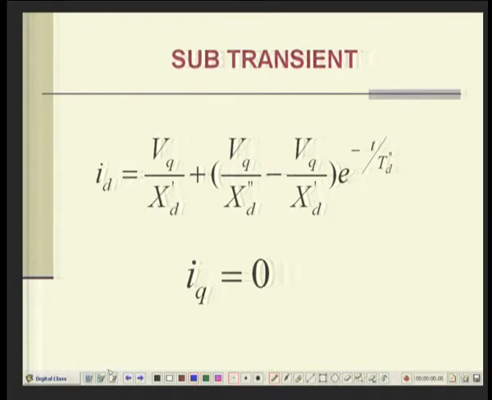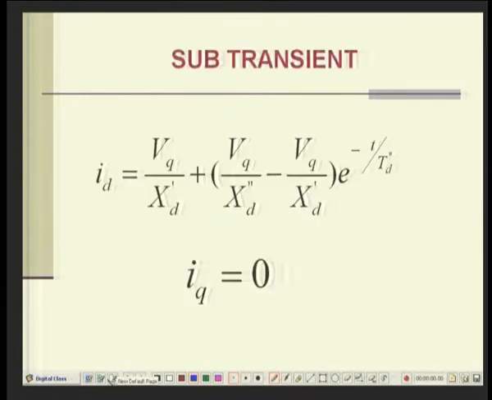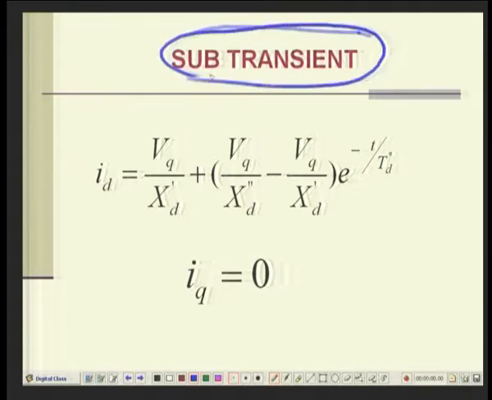In this case, for the subtransient, solving, we get ID as Vd by x.